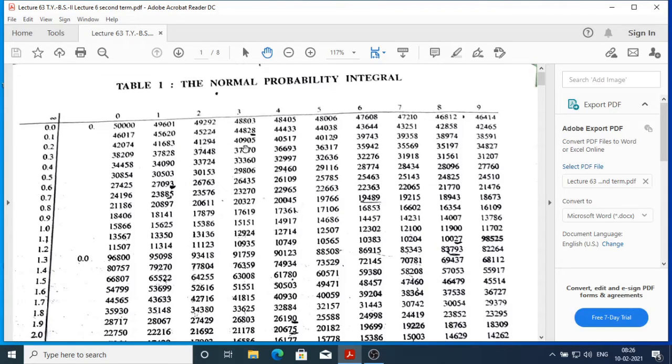So if I see, this is 440, the ordinate is 0.15.